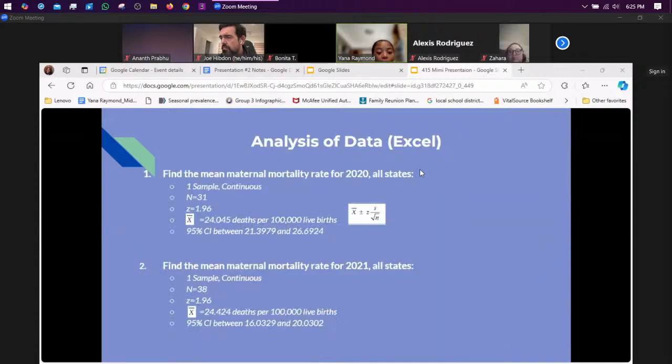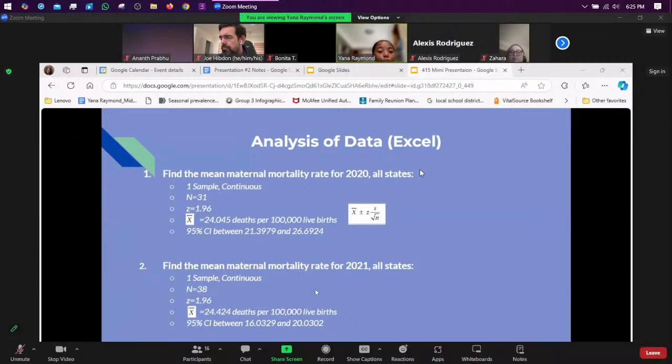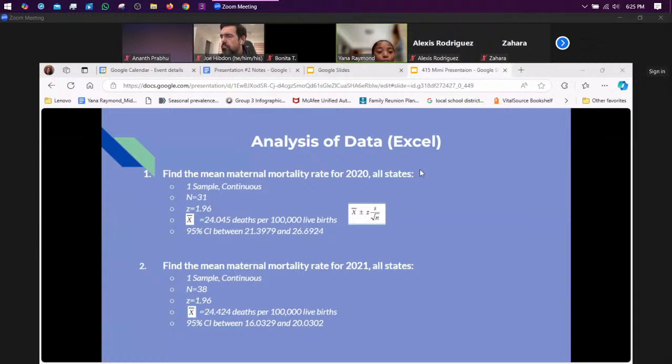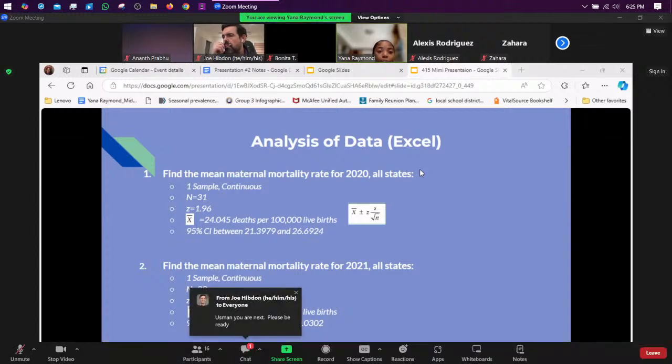For the analysis of data that I conducted, I did 5 analyses: 2 confidence intervals and 3 hypothesis tests, but I'm only showing 3 here. In this first example, I found the mean maternal mortality rate and 95% confidence interval for 31 states in 2020. Data was not available for all 50 states. N is larger than 30, so we use the Z value, which is 1.96.